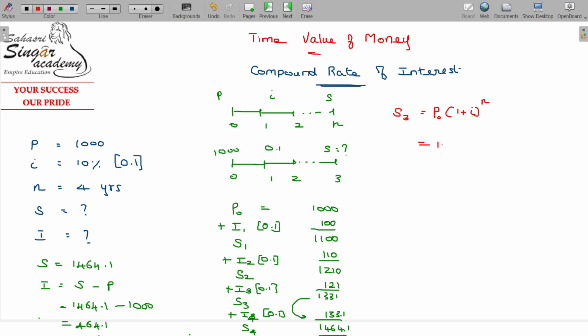So principal value being 1000 into 1 plus rate of interest being 0.1 to the power 4. 1000 into 1.1 to the power 4, okay?